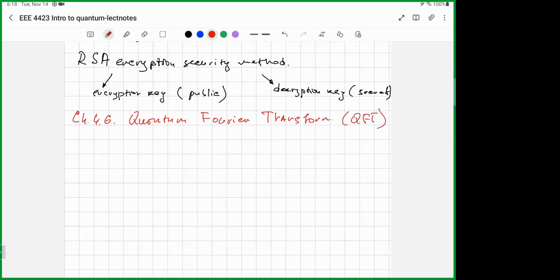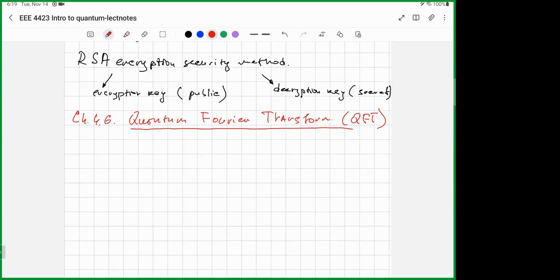So the quantum Fourier transform doesn't have its own purpose. It is rather used as an element in other quantum algorithms.